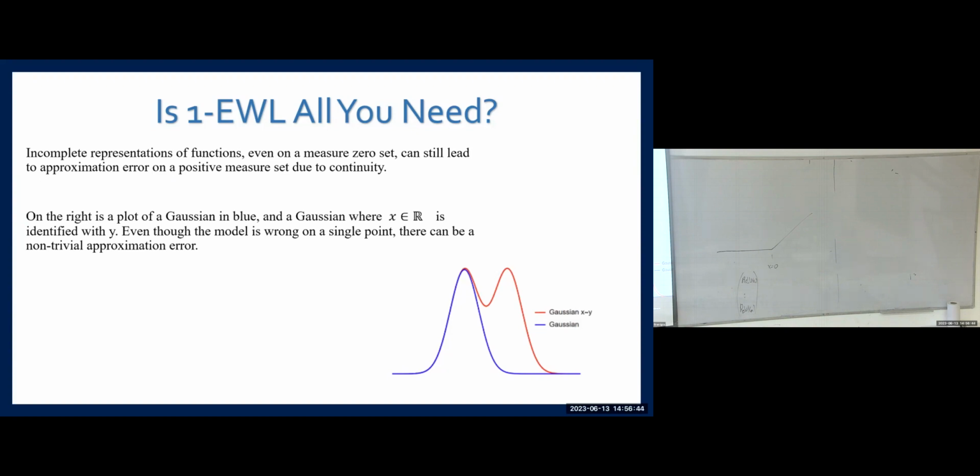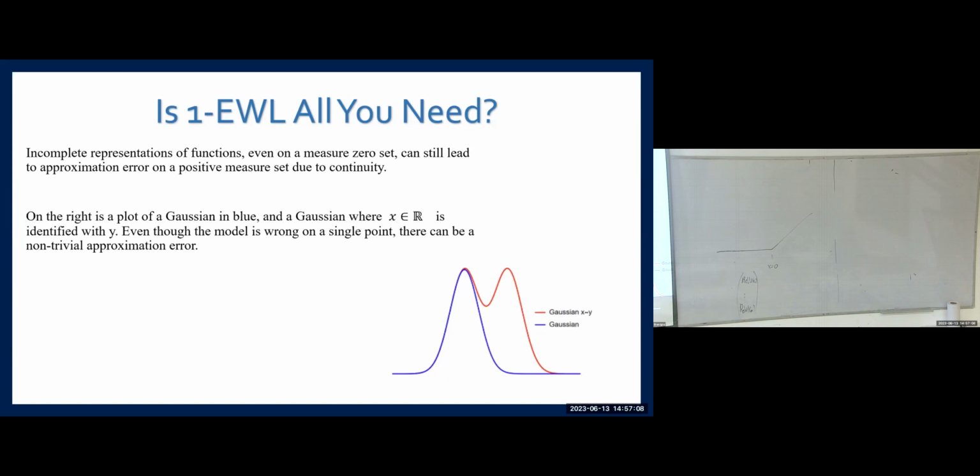So even if we have 2 point clouds that the model does not distinguish, and this is essentially a Lebesgue measure 0 set, it might seem trivial. The approximation of a continuous function on a compact set will be greatly harmed by this, even one point that is not approximated.